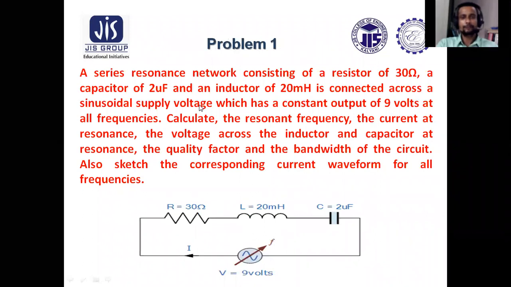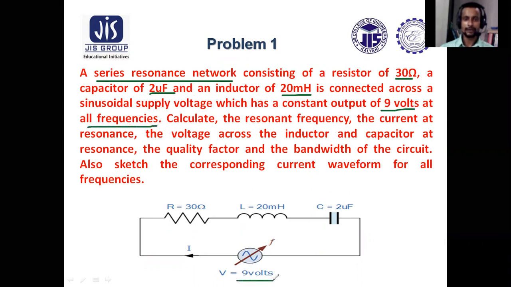Now let us discuss some numericals on series and parallel resonance. A series resonating network consisting of a 30 ohm resistor, 2 microfarad capacitor, and 20 millihenry inductor. So RLC values are given, across a sinusoidal supply having 9 volts at all frequencies.